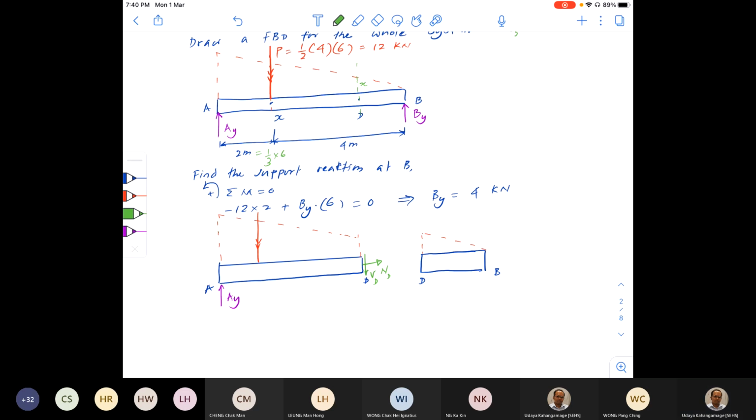And next, maybe I will use a different color. This one is VD. And next one is the moment in this direction, MD.